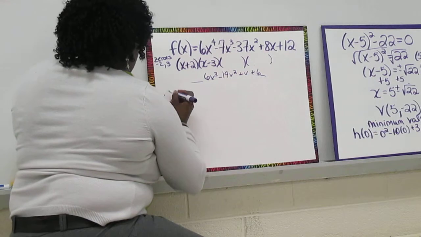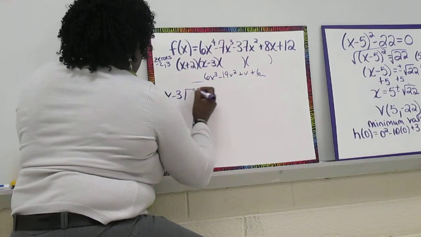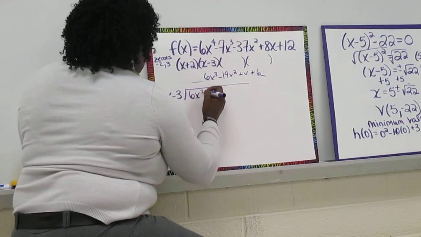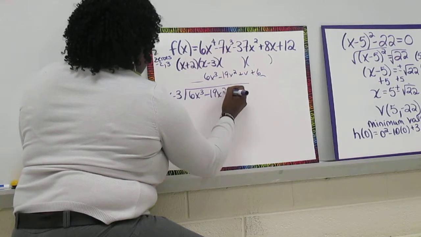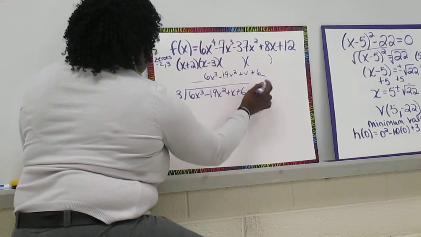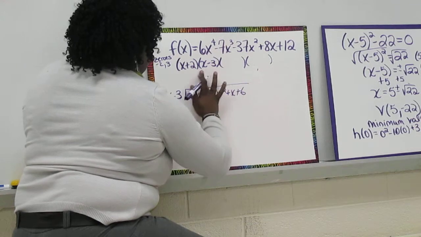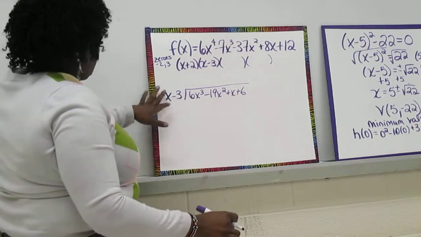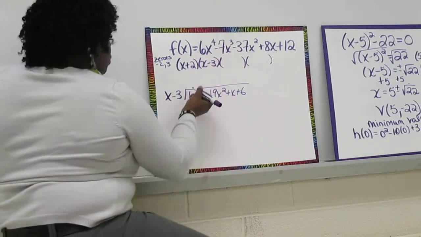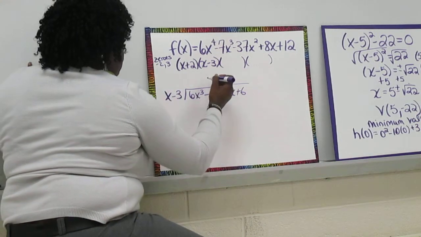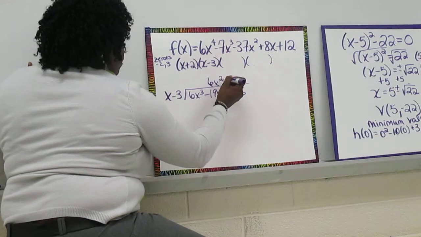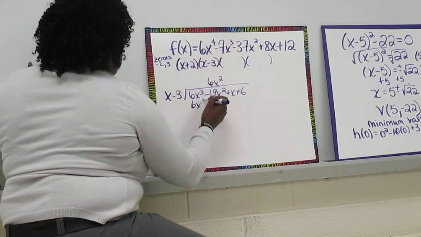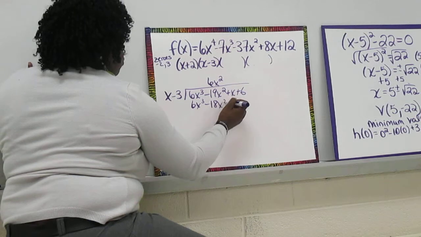And I'm going to divide x minus 3 into my quotient, 6x cubed minus 19x squared plus x plus 6. Because in order to factor it, we need it to be a quadratic. And right now we still have a cubic. So what's 6x cubed divided by x? 6x squared. So that gives you 6x cubed minus 18x squared.